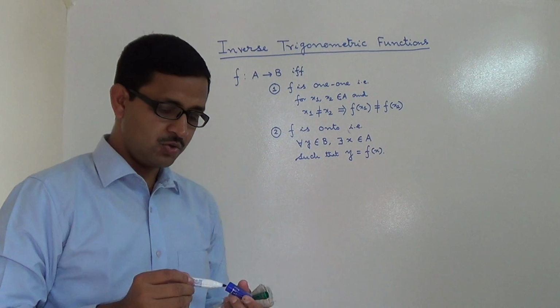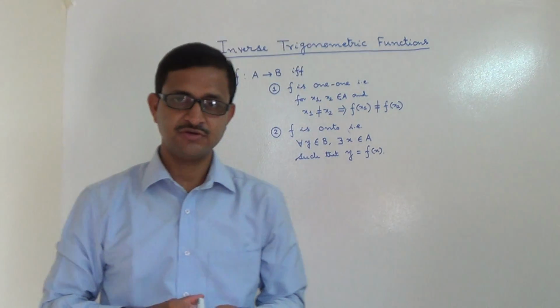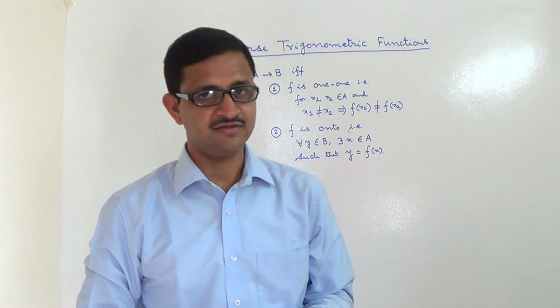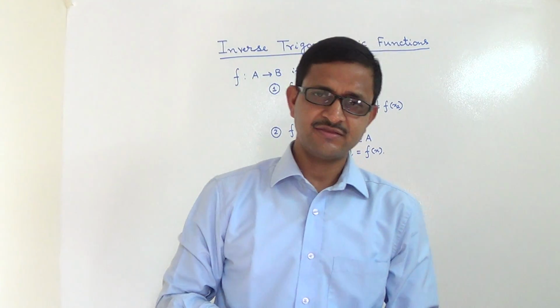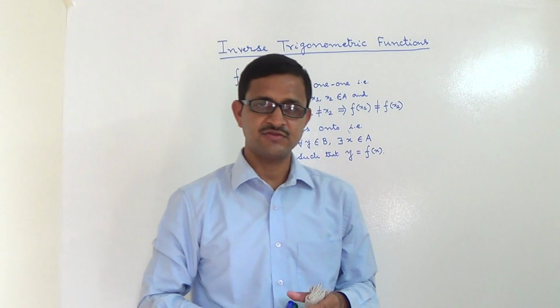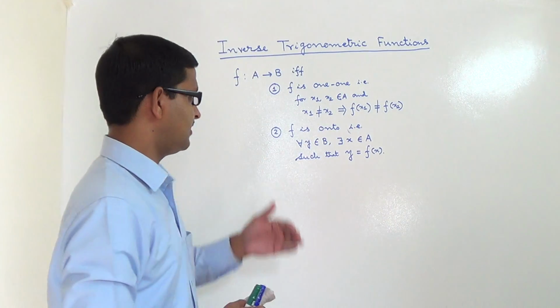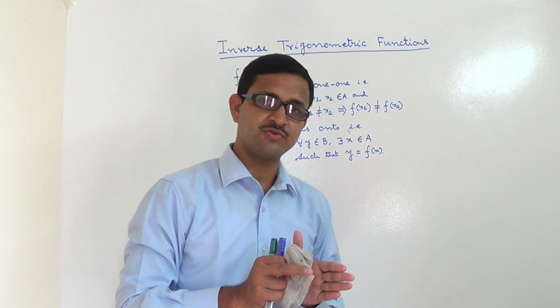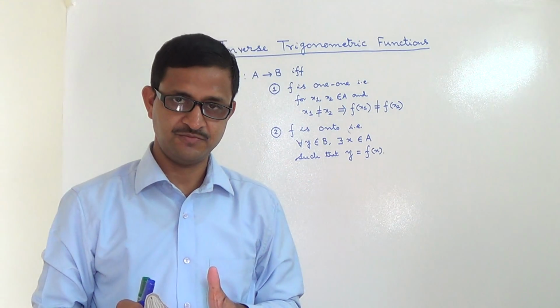If these two properties hold true, then we can say a function is invertible, or the inverse of the function exists. Now let us see whether these trigonometric functions satisfy these two properties with respect to their defined domain and range.